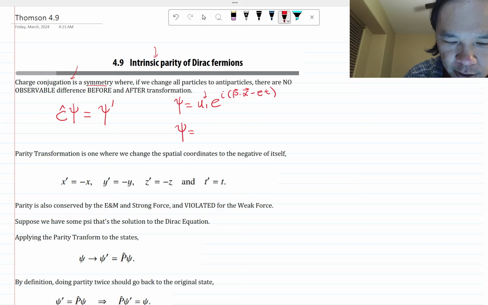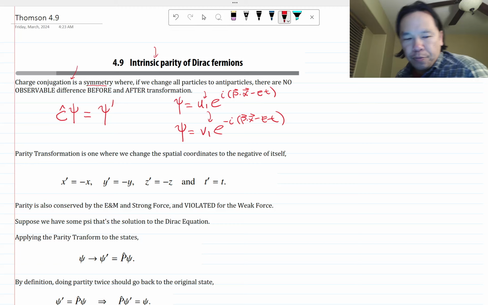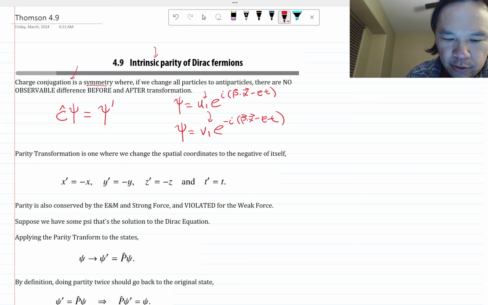In this case, this will be v1, e to the minus i p dot x. That minus sign comes from us flipping time, of course, for antiparticles, so we get positive energy solutions. So this is the charge conjugation operation.